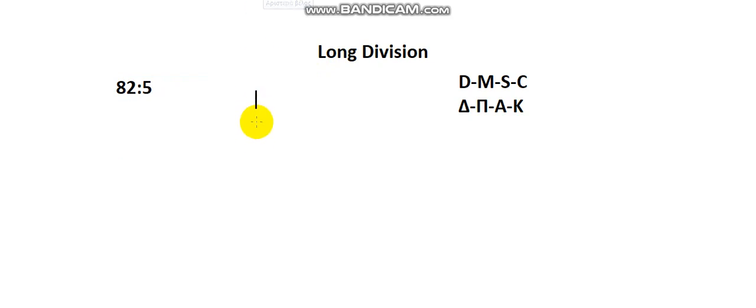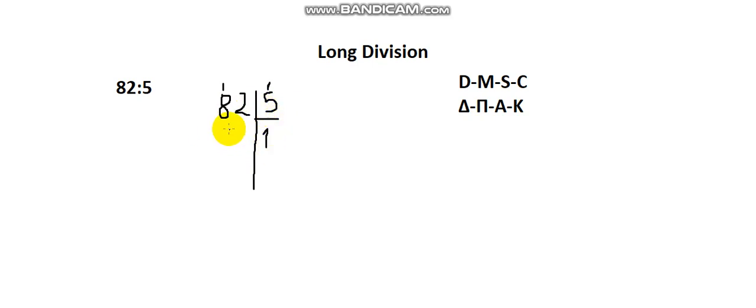Again, I make the line. I make the little shape here. I put my divisor here, my dividend here. And I start by saying, how many times does 5 fit into 8? Well, it fits 1 time.